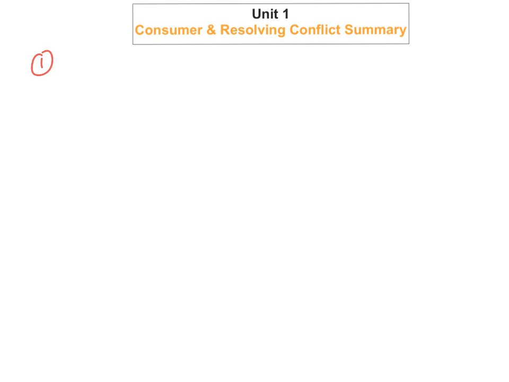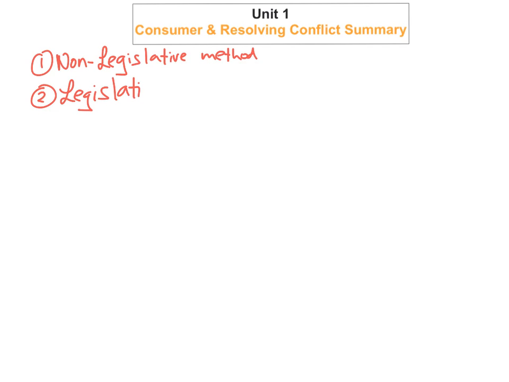The first way is by using a non-legislative method, and the second one is by using a legislative method. So basically one is legal and one is not legal. Non-legislative is non-legal and this one is the legal way.